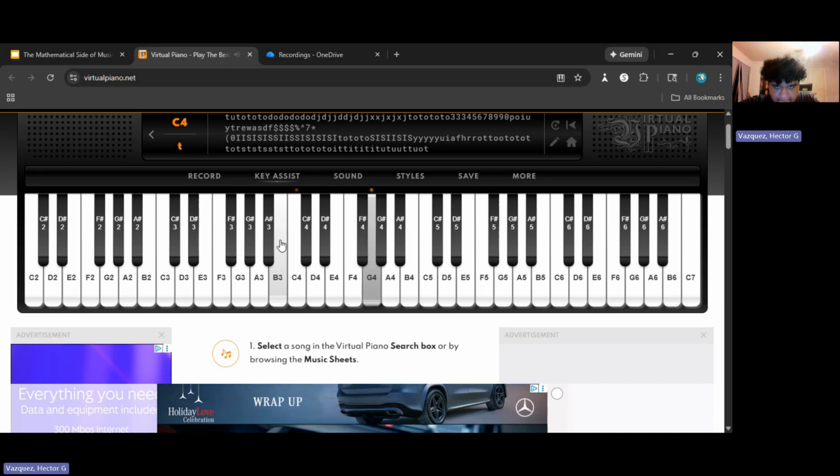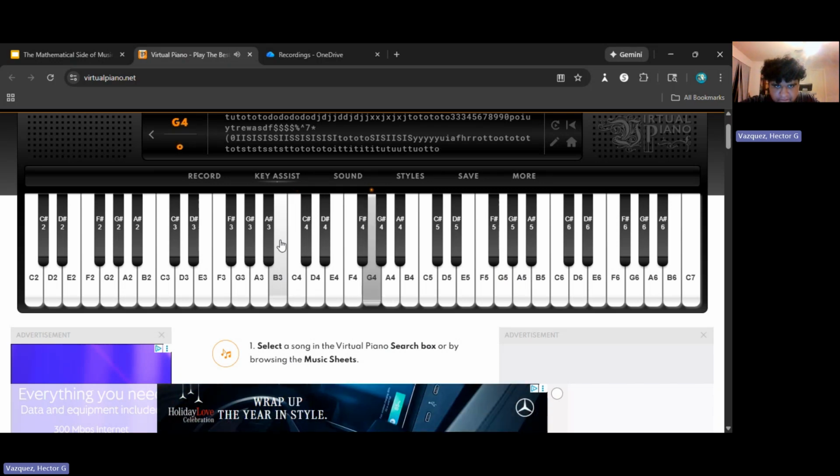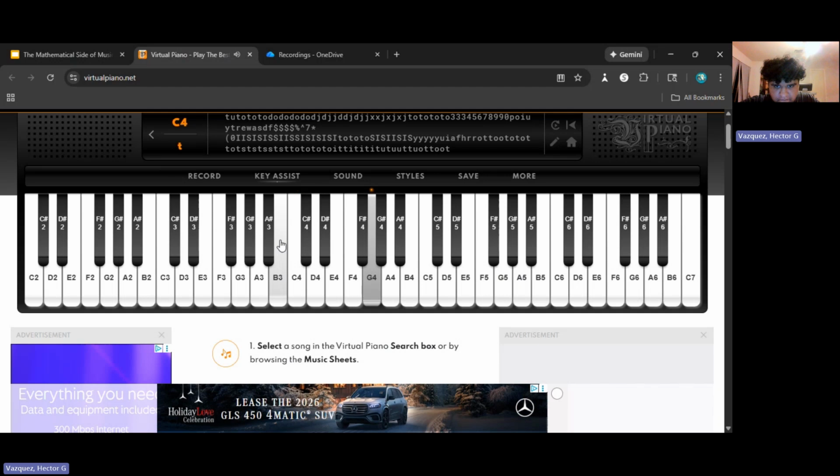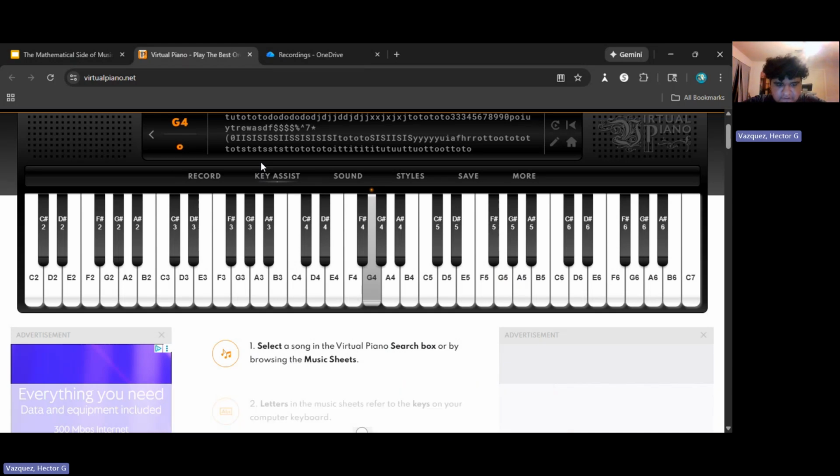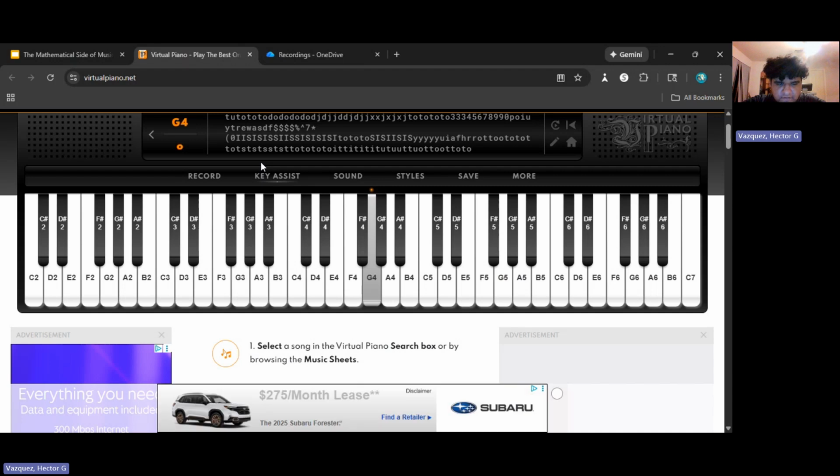So from G4, we'll go to another perfect fifth, which is D5. Then we'll go from D5 to the next perfect fifth, which is A5.